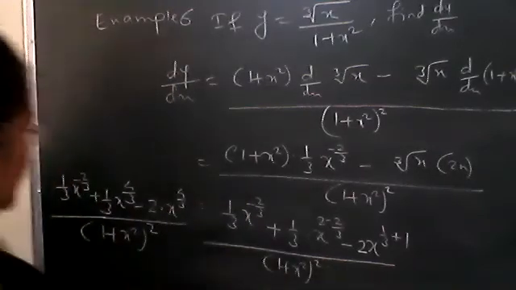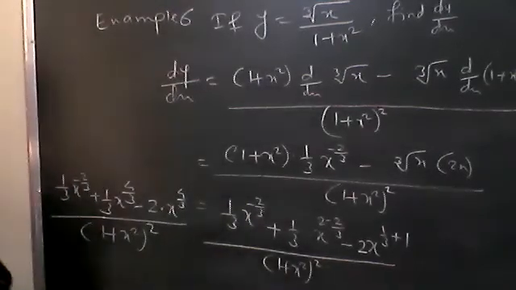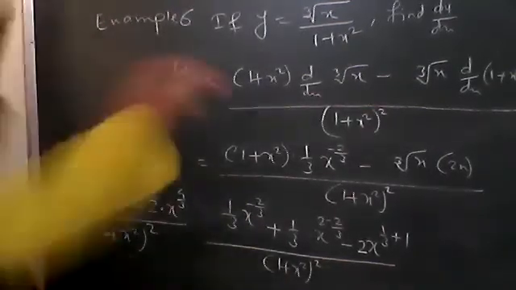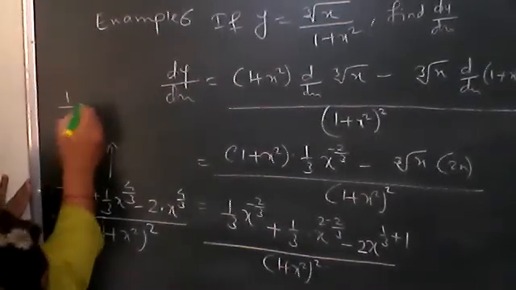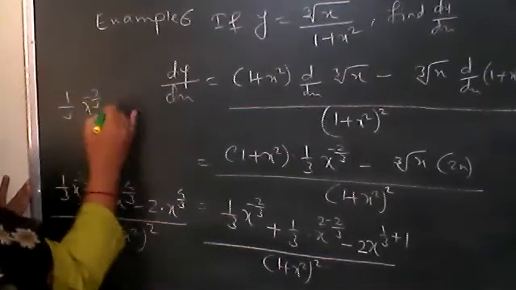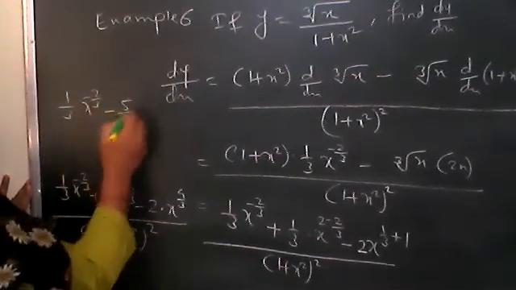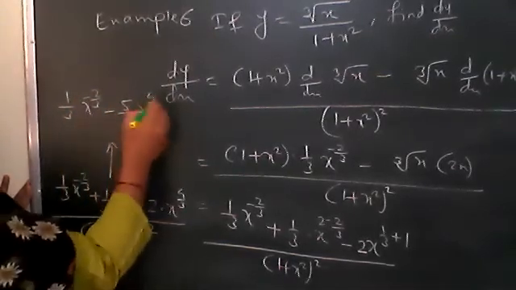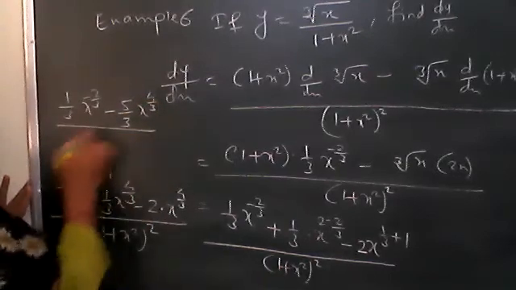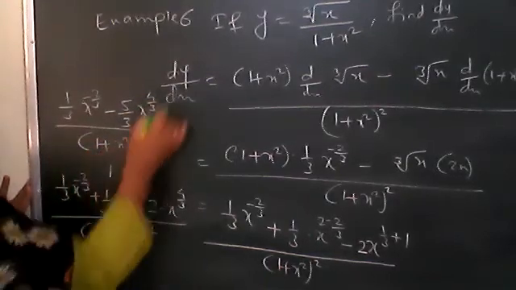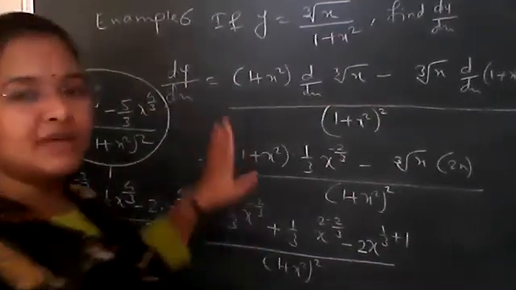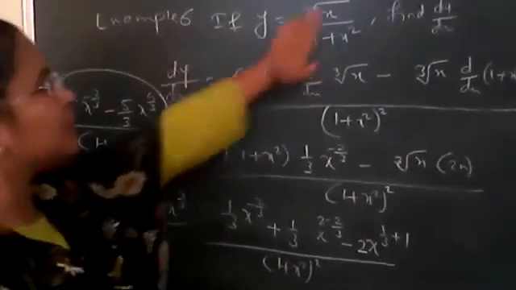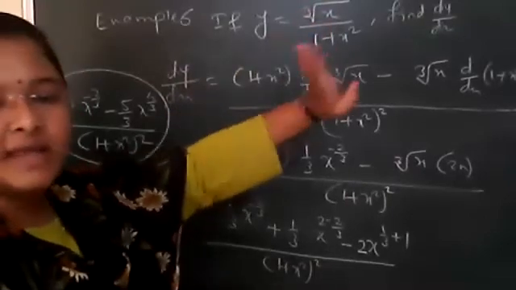Yes, ma'am. So you are not replying, I only will solve. So here, this side, what is the function? 1 by 3 x raised to minus 2 by 3 minus 5 by 3 x raised to 4 by 3, whole thing divided by (1 plus x square) whole square. So this is the derivative for the function y equals cube root of x upon 1 plus x square.